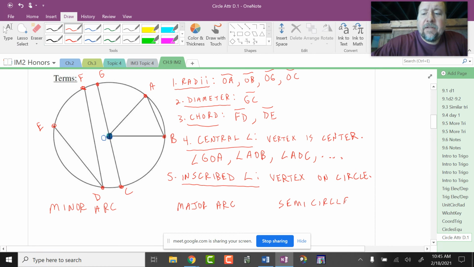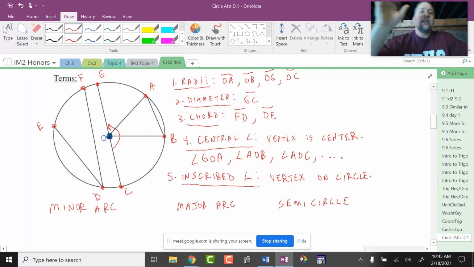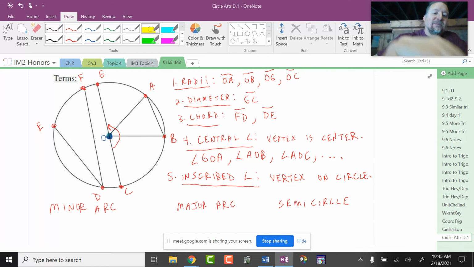Now, I'd be stupid to ask in the chat, what's a full circle? I think everyone knows a full circle is 360 degrees. So when we look at this measure, what's that measure? We should know that that's 180. So then what can we say about this arc here?